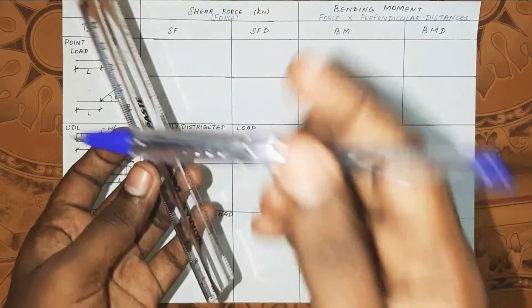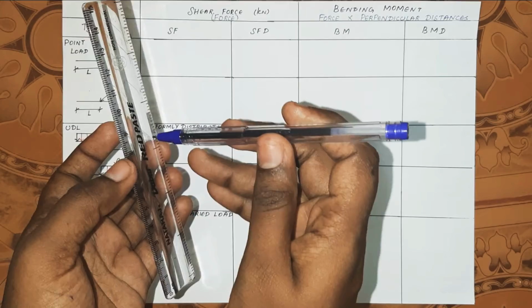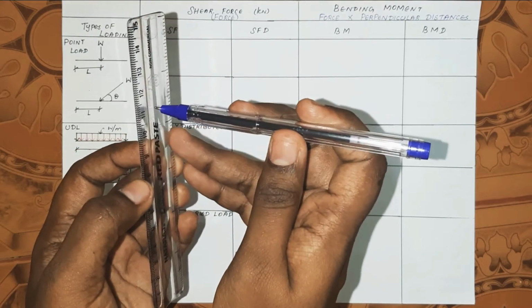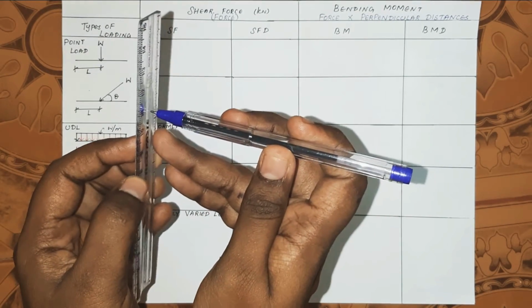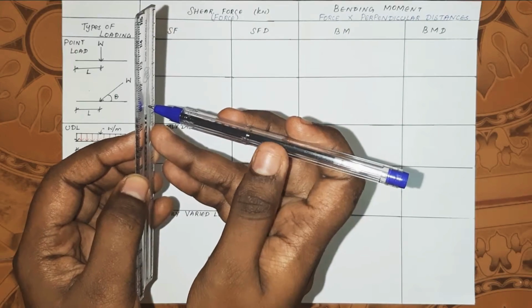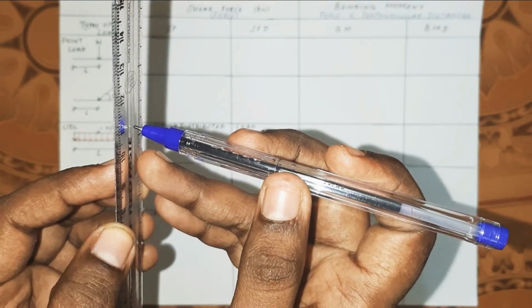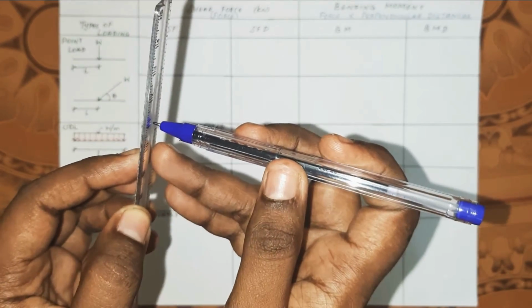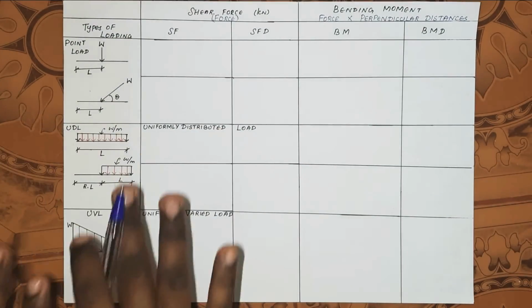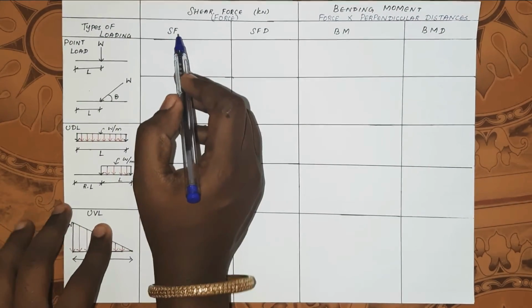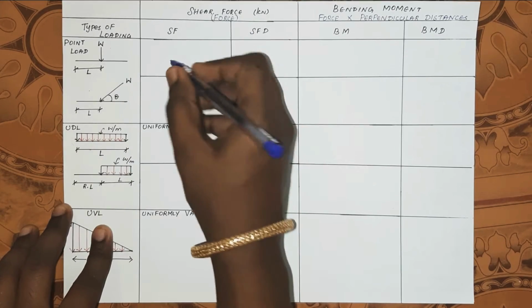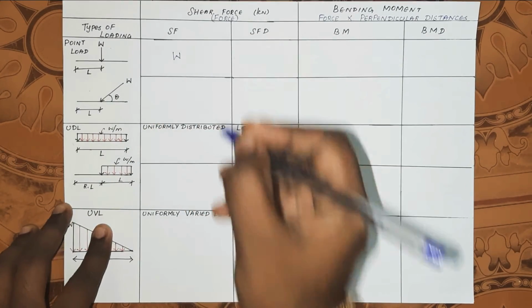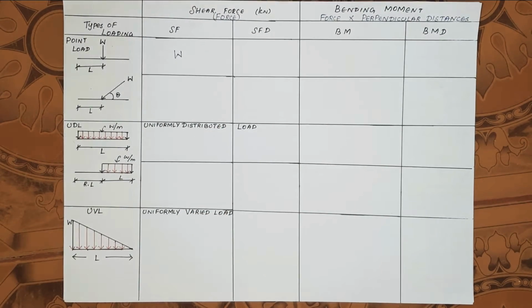In a beam, a point load acts at a point only, so there is no area for this load and the length is negligible. So the shear force value will be W, the load only.